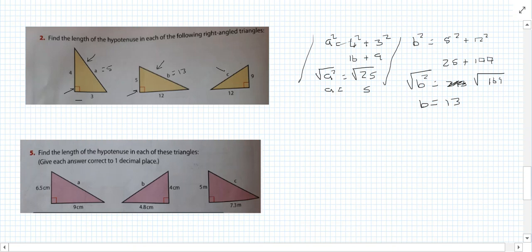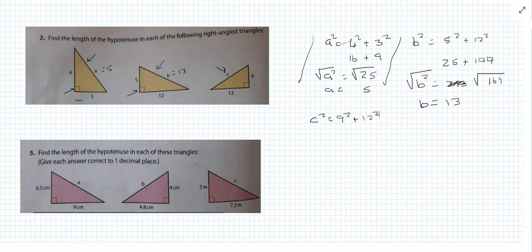Then we have a look at this one. Again, we have c squared is going to be equal to 9 squared plus 12 squared. So 9 by 9, 9 squared is 81. 81 plus 12 squared, which is 144.